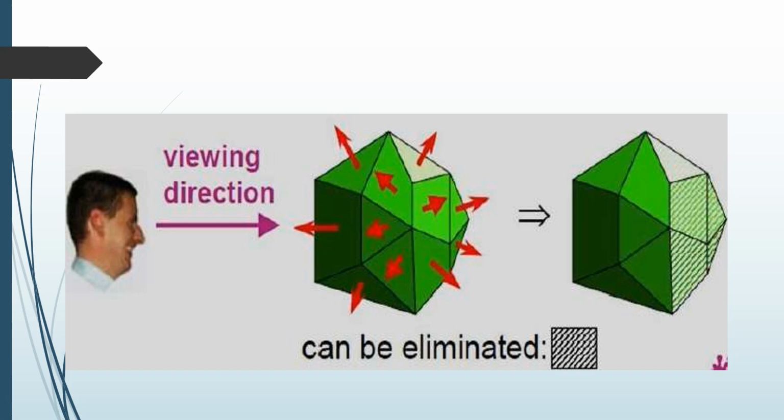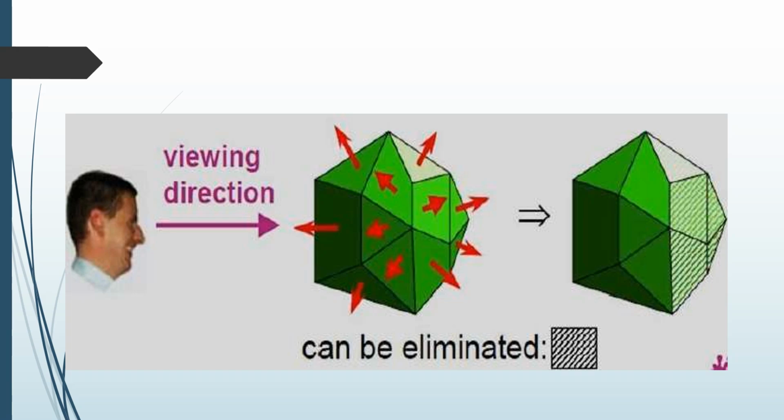Then the face is a back face. So the criterion is that if the angle made by the viewer vector and the normal of the plane surface is acute, that is from 0 to 90 degrees, then the face is declared a back face.